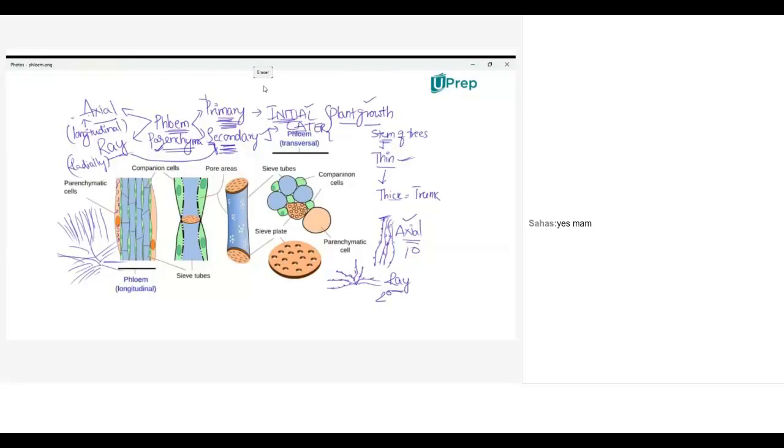But when the stem gets thickened and becomes a trunk, if you have advanced translocation of food, then the plant will be healthy, isn't it? That's why you will have ray parenchyma in secondary tissues and axial in primary tissue. This is an analytical approach regarding parenchyma, especially phloem parenchyma. Okay?